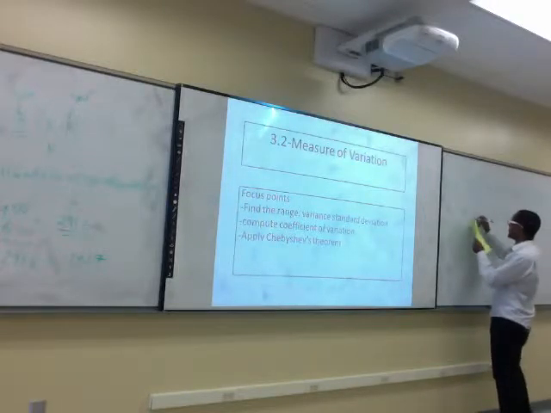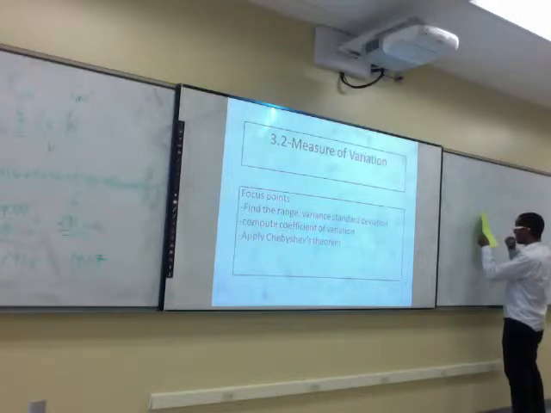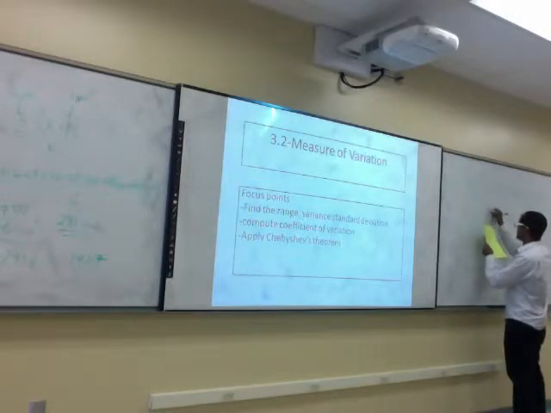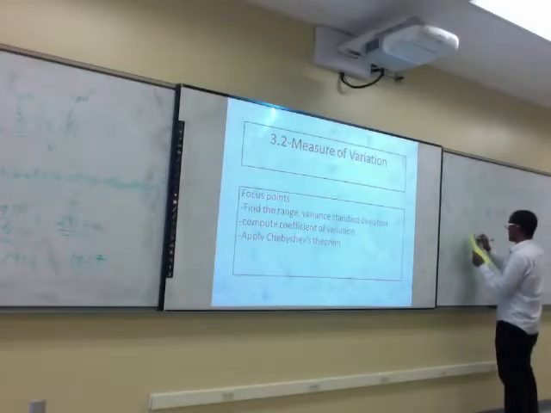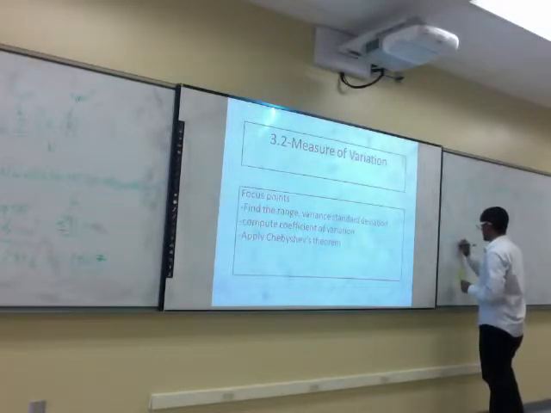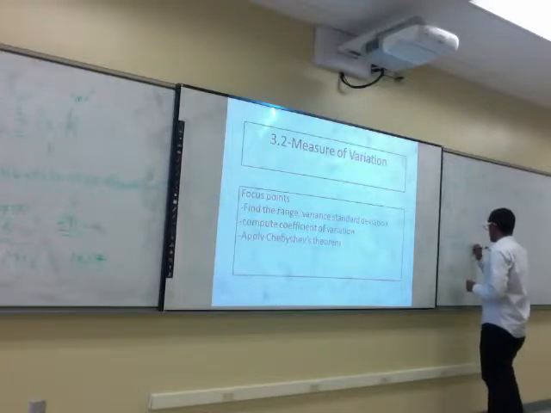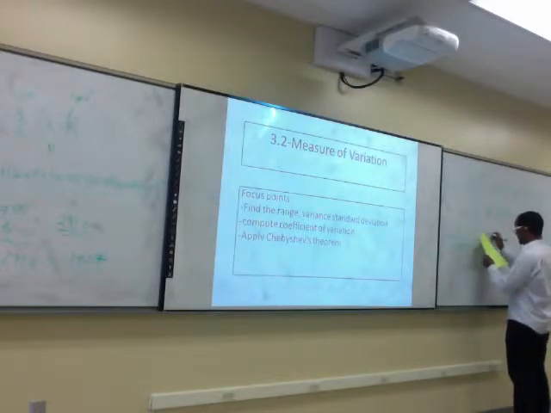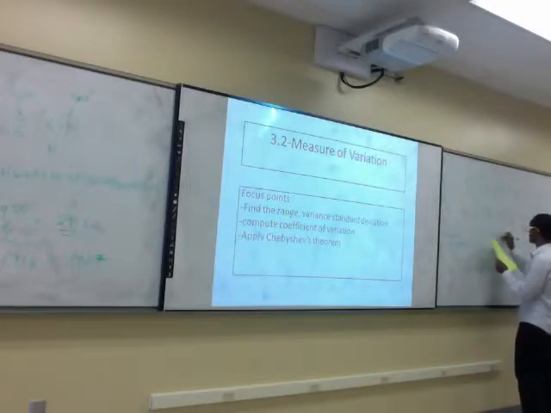So for this variance, I will have 175 divided by 6, that will be 29.16, right? Then the standard deviation is the square root of 29.16, that should give you 5.4.